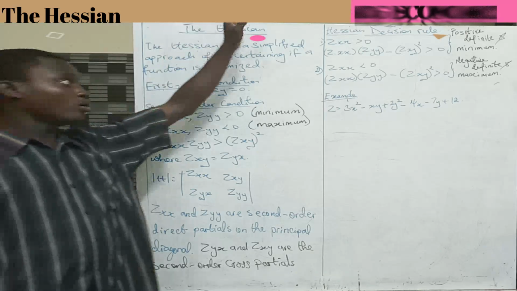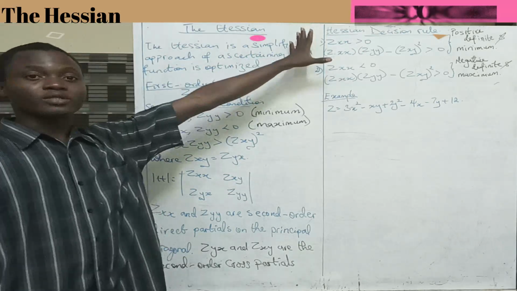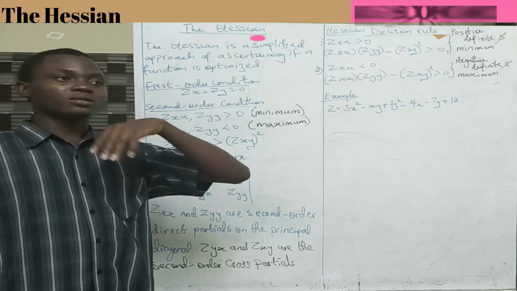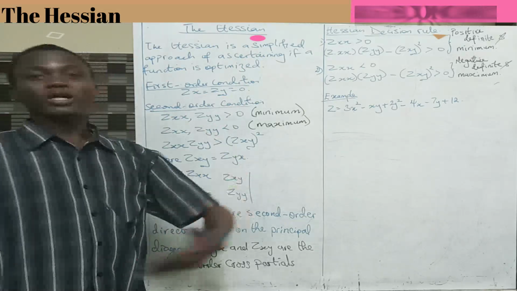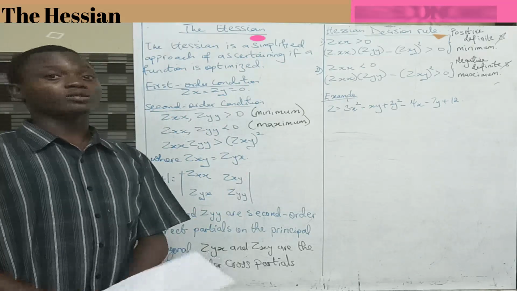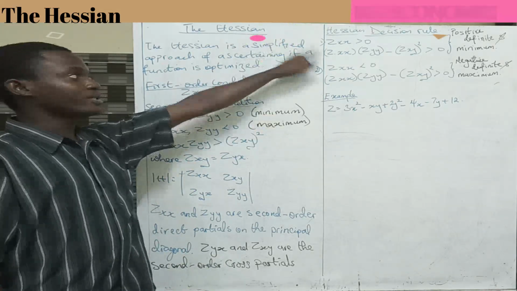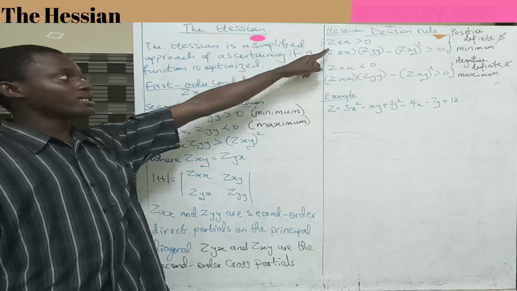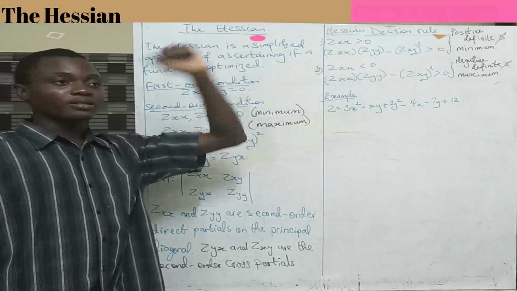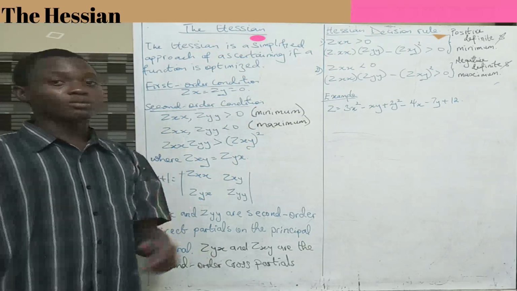For a 2 by 2 matrix, the initial decision rule is that if your zxx is greater than 0, that is an indication of a minimum point.